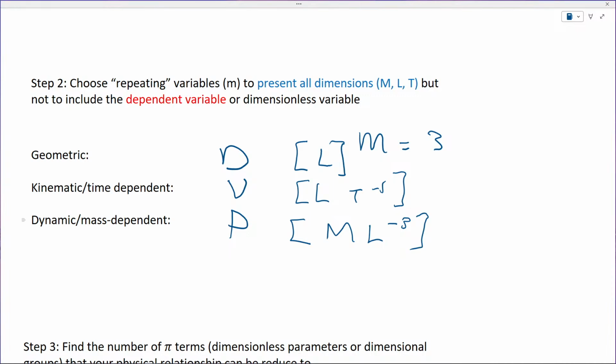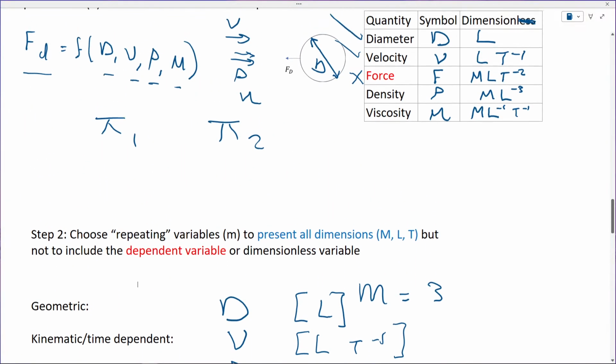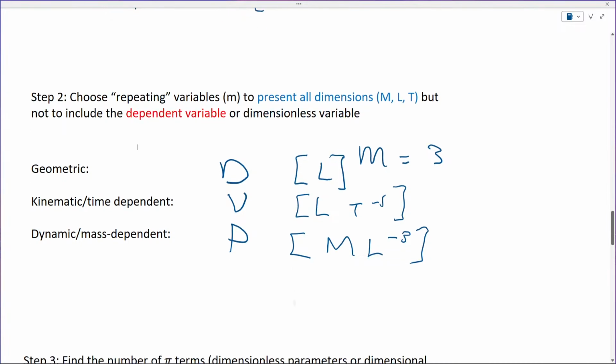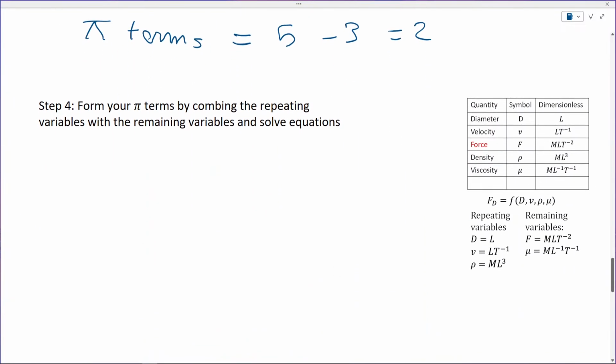So here I choose D, for this one I choose the velocity, for this one I choose the density. I could have also chosen the viscosity, for example, but density is simpler.